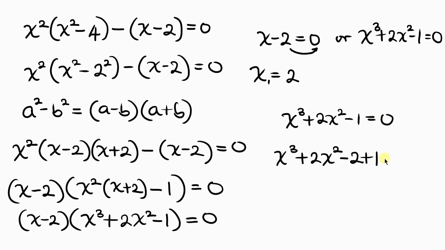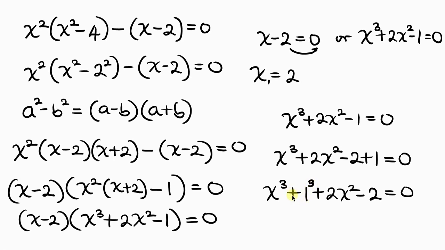Very good. And this is equal to 0. Now, let's arrange this. So this is x cubed plus 1, and then plus 2x squared minus 2. And this is equal to 0. Very good. Now, 1 is the same as 1 cubed because 1 cubed gives 1.